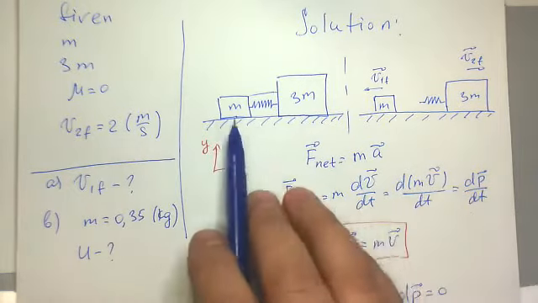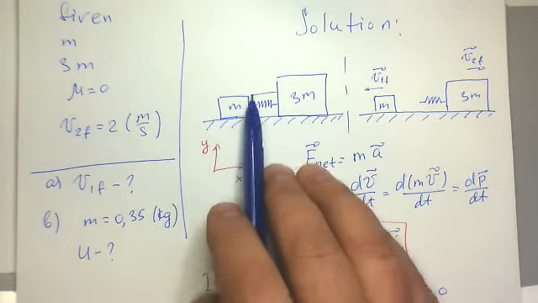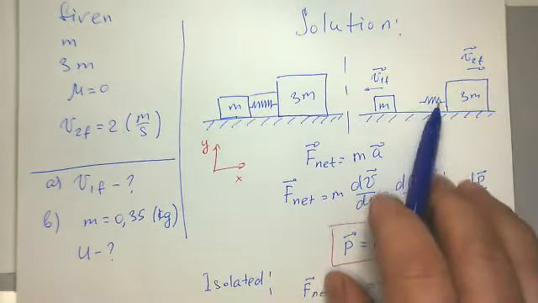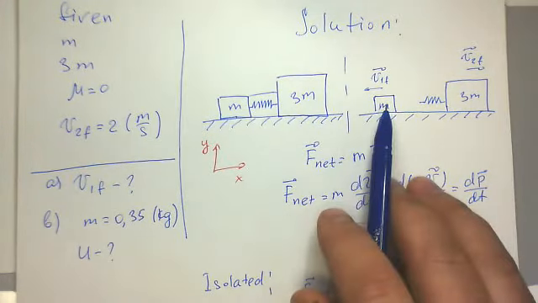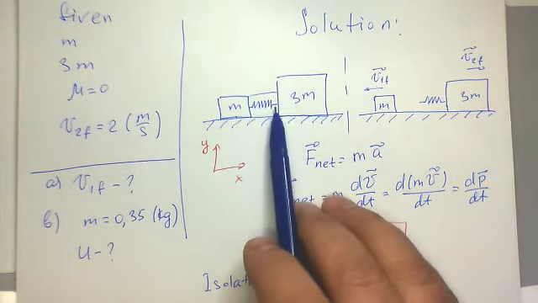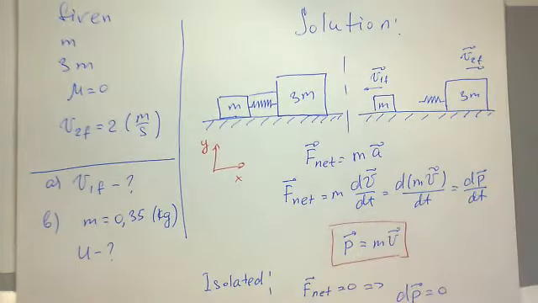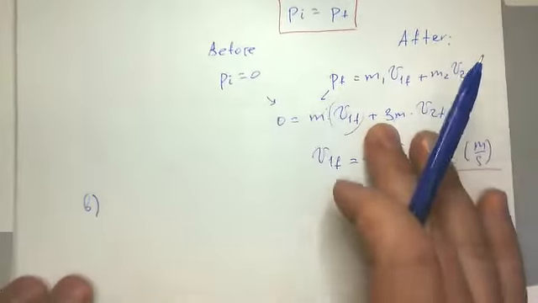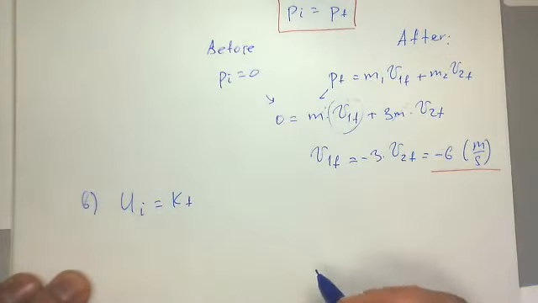At the beginning, the only energy in the system is stored in the spring, and after the spring is released, there are two objects moving with different velocities and different speeds, which means that the initial potential energy stored in the spring equals the total kinetic energy after the spring is released. Agree? So we can say that U initial equals K final.